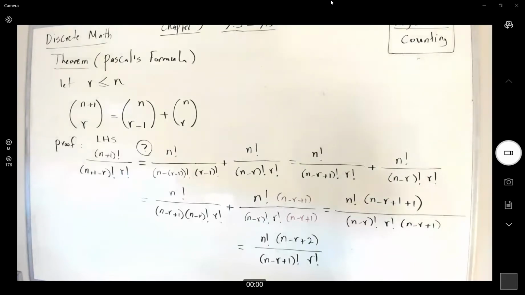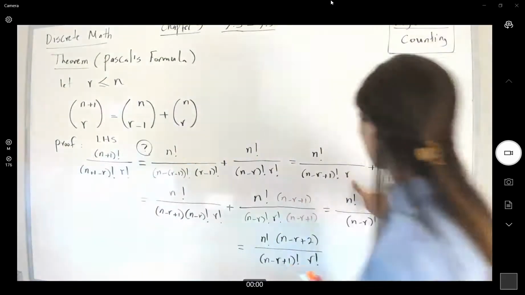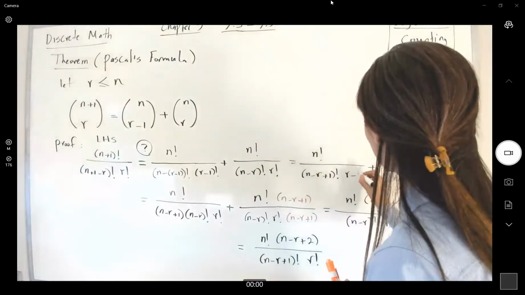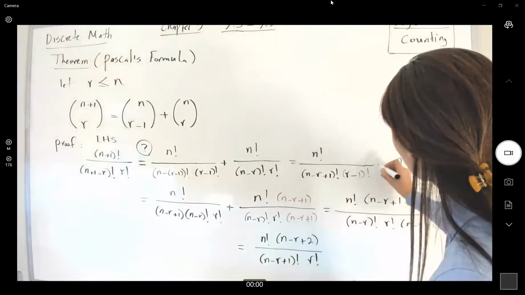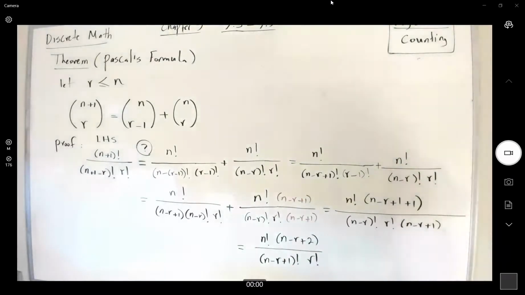So let's see what we can do here. We have one extra one here. Let's take a look at this. Oh, I forgot, this is r minus 1 factorial. That's the reason our calculation has missing elements.